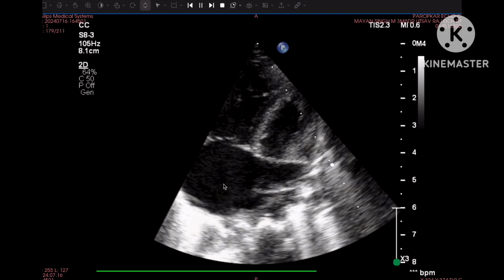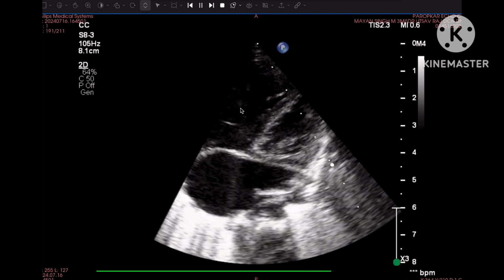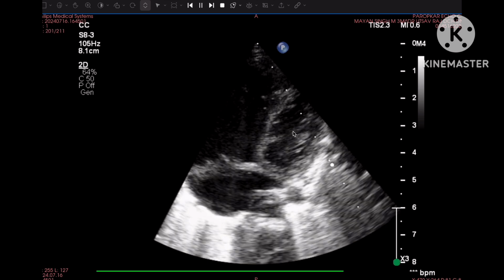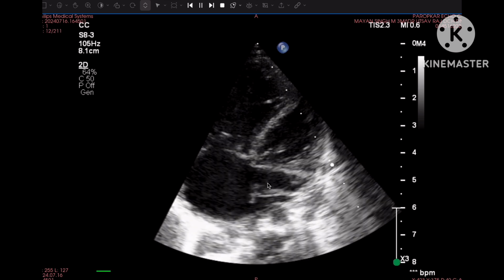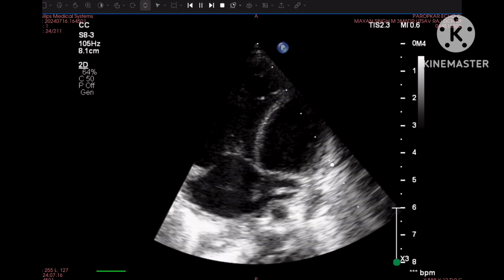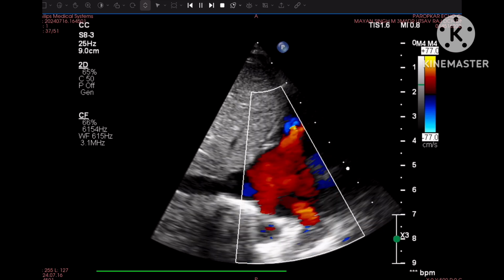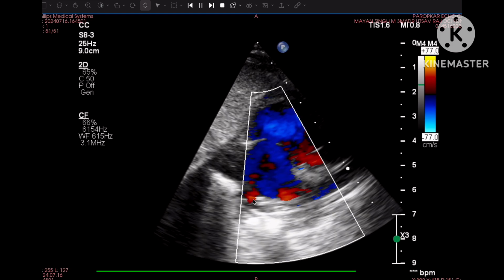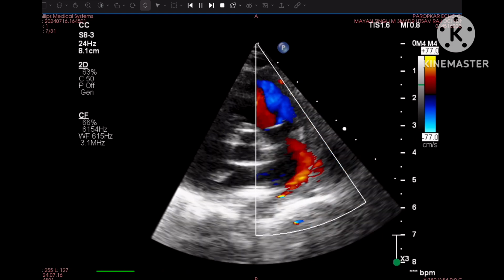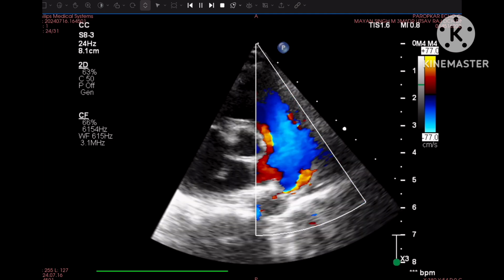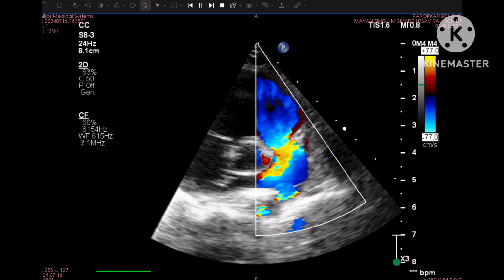Four chamber view. This is right atrium, right ventricle significantly dilated. This is left ventricle, and this is dilated coronary sinus. Same thing, this is left atrium, ASD, then right atrium. This is PDA.